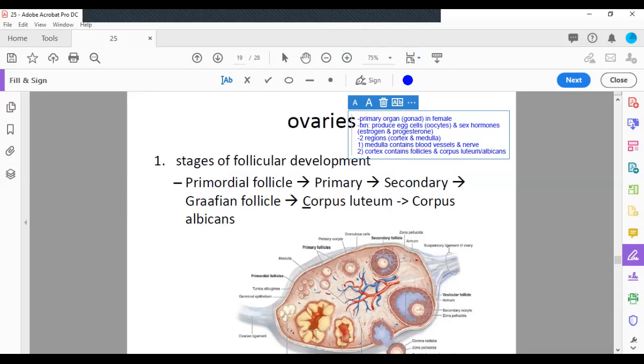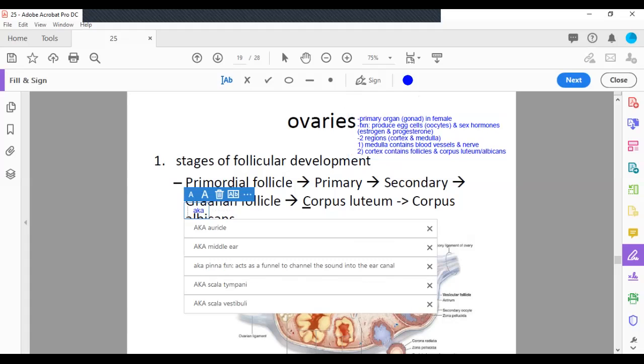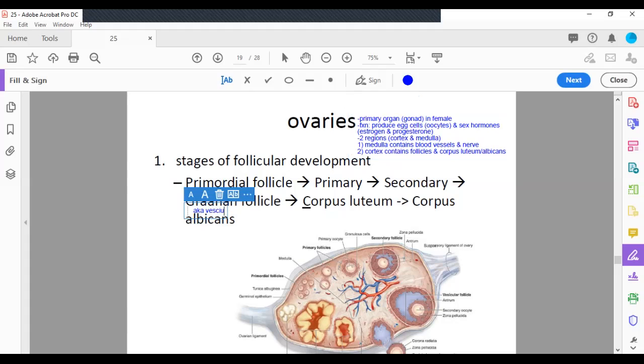Only a few do. Of the primary follicles, only one becomes what's known as a secondary follicle. This secondary follicle will become what's called the graafian follicle, also known as the vesicular follicle.